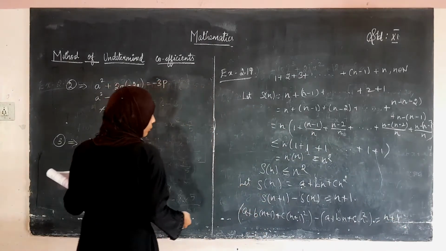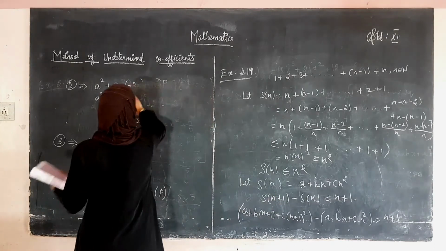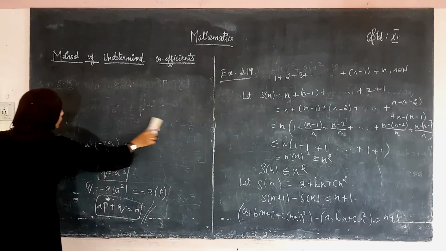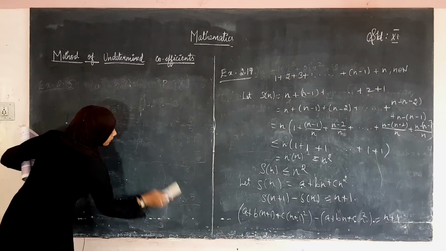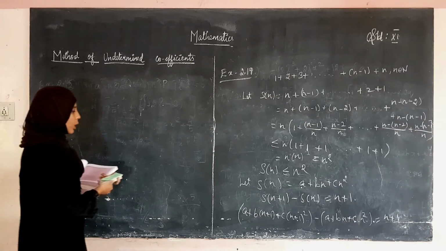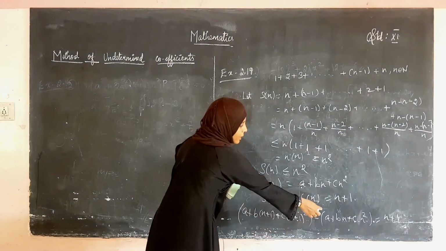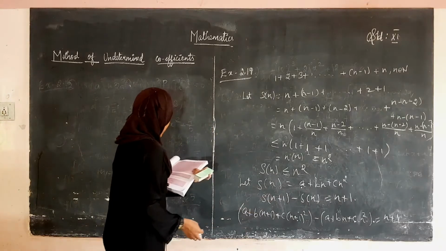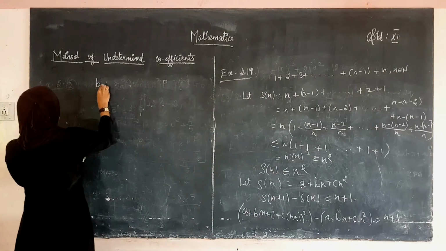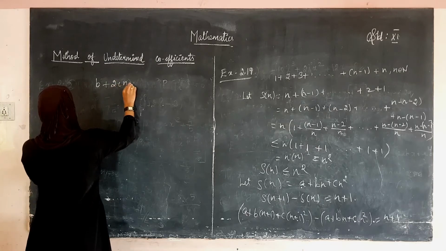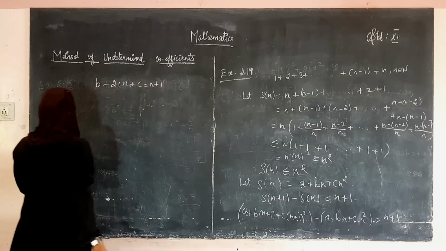Okay. So, you have to expand this and multiply all the terms, then just cancel, and the remaining terms you will get are b plus 2cn plus c is equal to n plus 1.